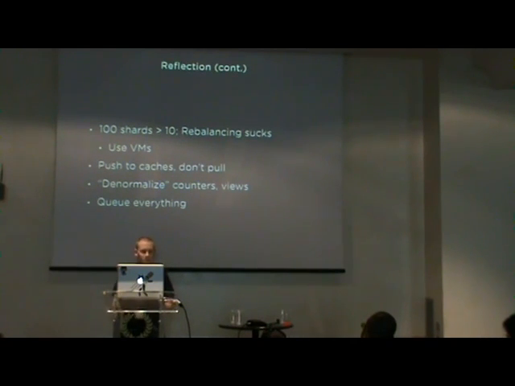So push the caches and don't pull. A lot of examples I always see is, I want to query the tweets, so I fetch from the cache. If it's not there, then I query from the database and I write it to the cache. It works, and there's ways to deal with some of the problems. One of the problems is stampeding, which means 5,000 users immediately hit that expired cache key, and now they're all pulling from it.